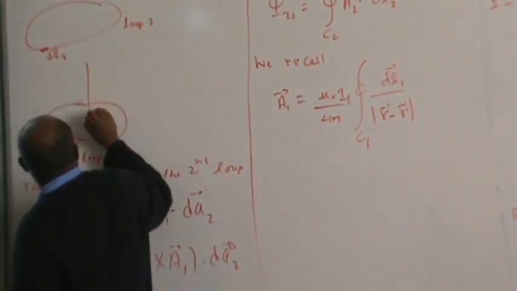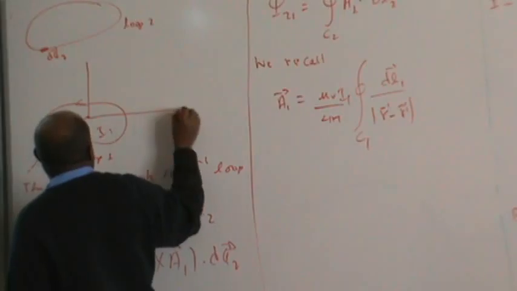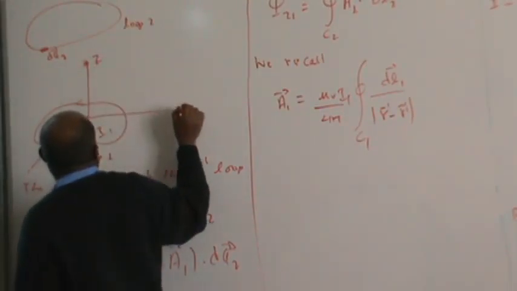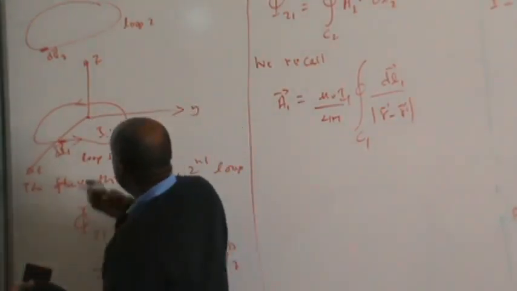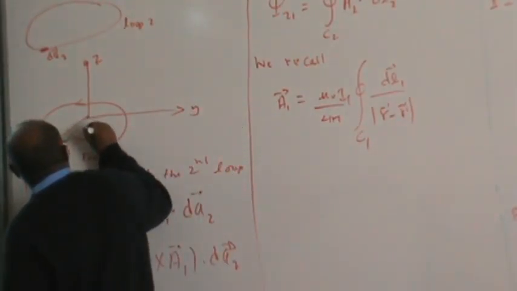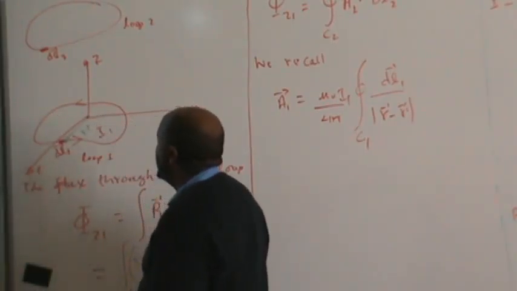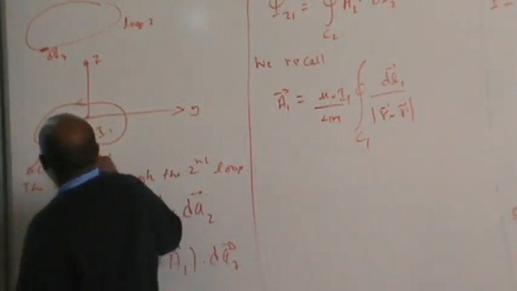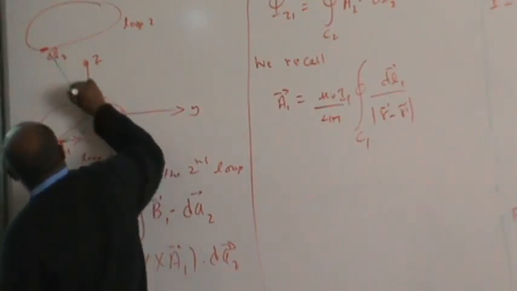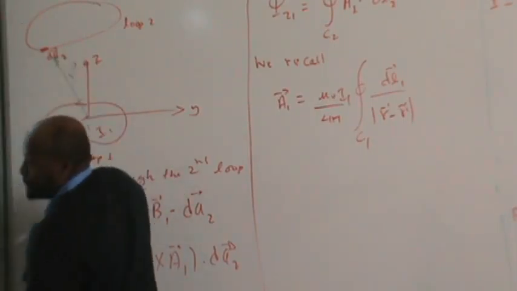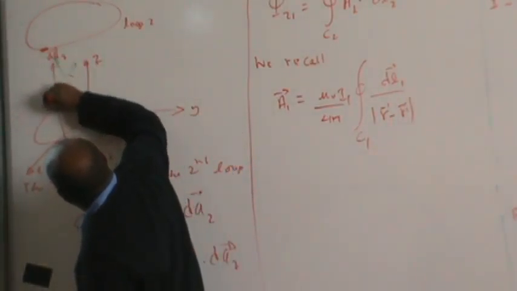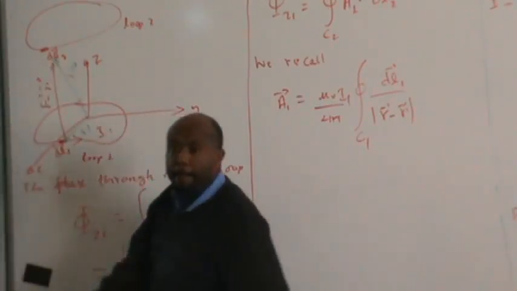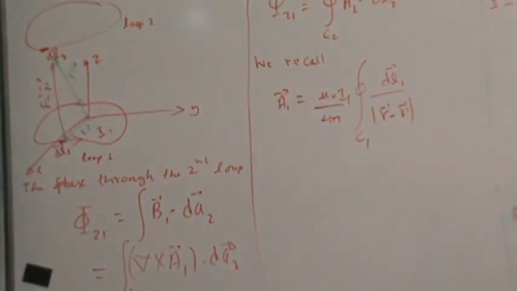So if I just assume this is the origin, the z, y, x, what I call R prime is this one, right? So this is your R prime. And this is your R. And this is going to be R minus R prime. So we discussed this in the previous chapter.